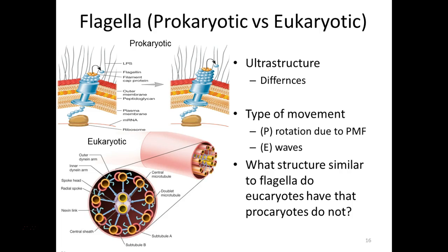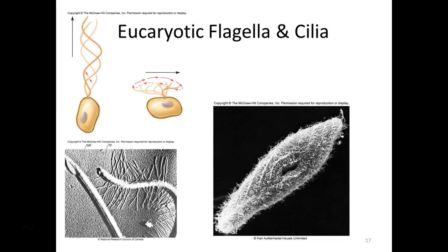What similar structure to flagella do eukaryotes have that prokaryotes do not have? Cilia. And the difference is the cilia are shorter than flagella. Flagella are really long, cilia are shorter, and usually a cell that has cilia, they have multiple cilia, much more than they would have flagella.